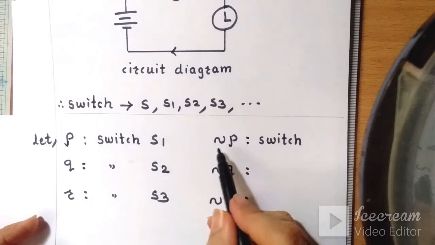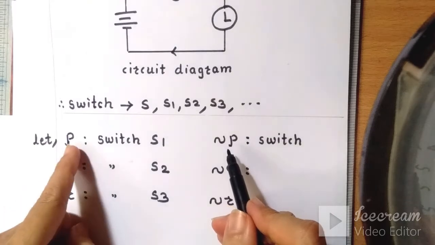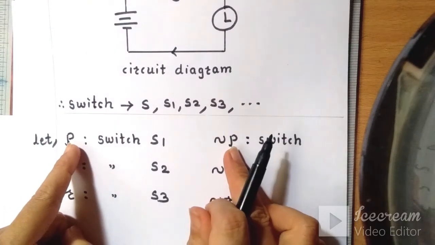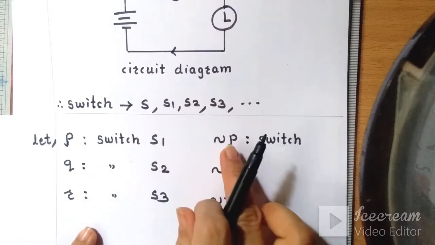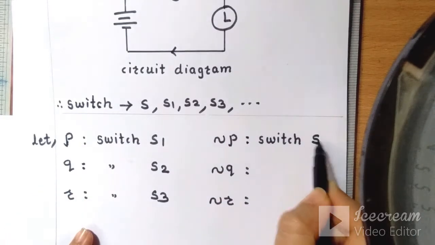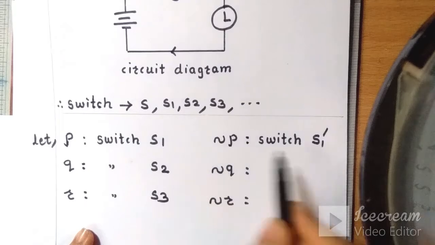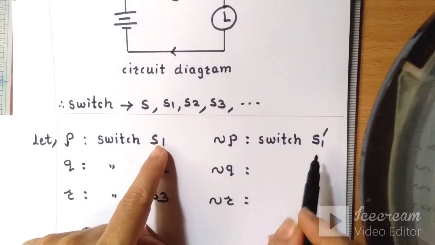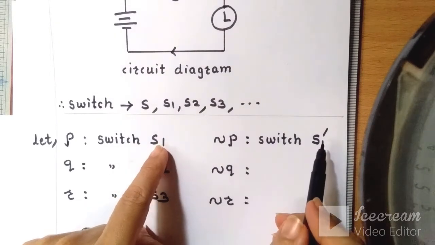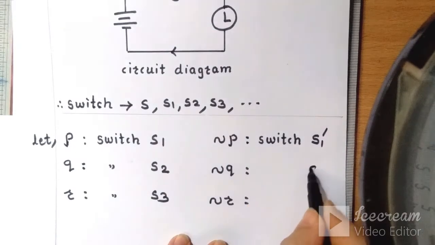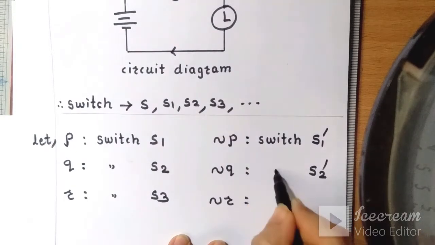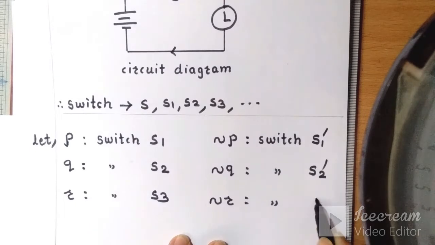There is also negation P, and P and negation P are exactly opposite statements. So we will denote negation P by S1 dash. That means the position of switch S1 and S1 dash is exactly opposite. In the same way, negation Q is S2 dash and negation R is S3 dash.